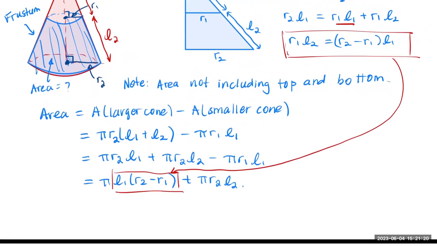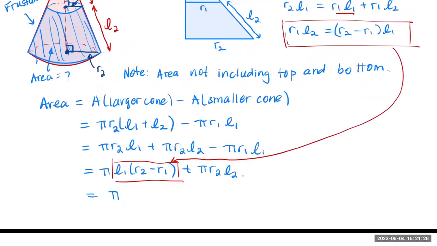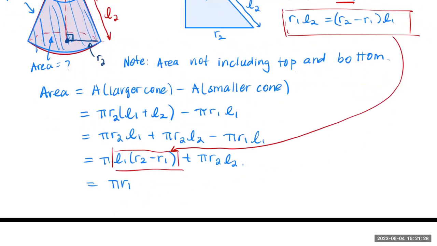So now that just becomes pi times R1 L2 plus pi R2 L2.